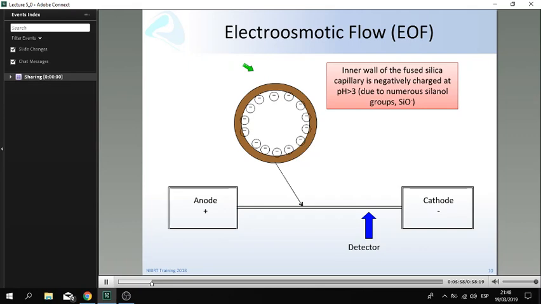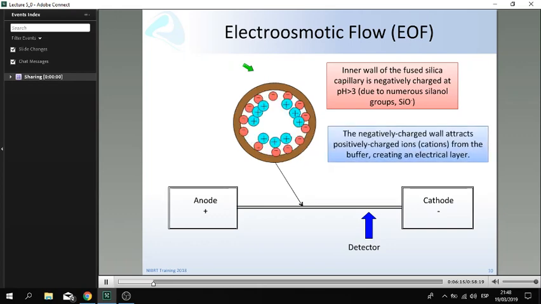That means the inside is negatively charged because there are a lot of silanol groups inside our capillary, and they are deprotonated at pH higher than 3. Okay? Because of that negative charge, when we put a buffer inside our capillary, the negatively charged walls will attract positively charged ions, or cations, from the buffer.